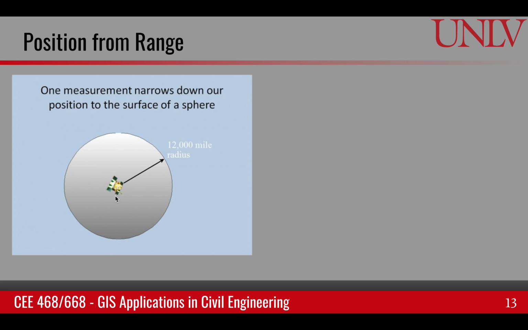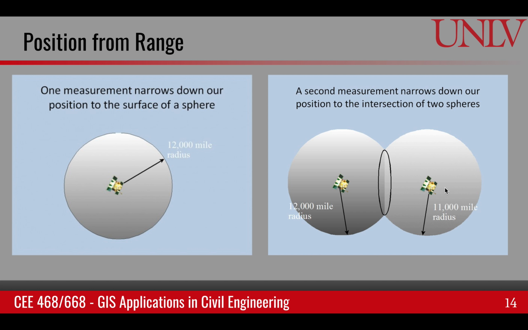Now suppose that the receiver is able to have line of sight with a second satellite, and it gets its estimate of the location of the second satellite and its range to be 11,000 miles. Now there are two satellites, two known locations, and distances from those two locations. So the only possible place that will satisfy those conditions will be the intersection of those two spheres, which will be a circle. So going from one to two satellites, we have improved our estimate of location from anywhere on the sphere to anywhere on the circle.